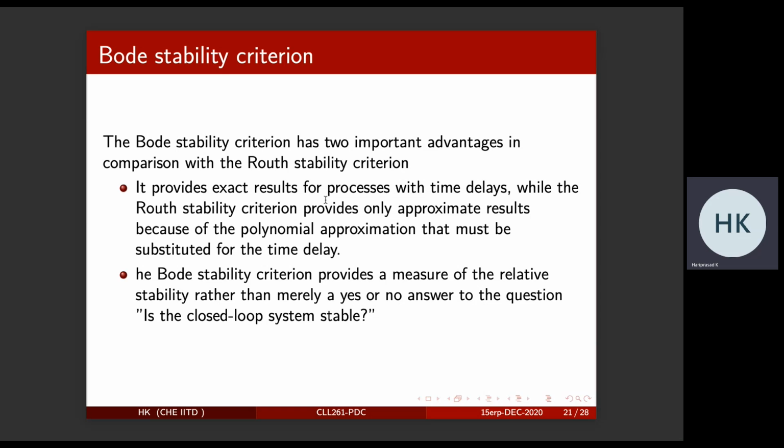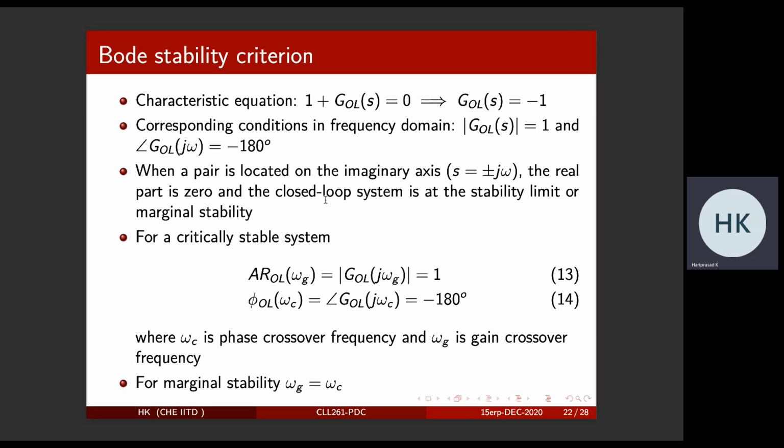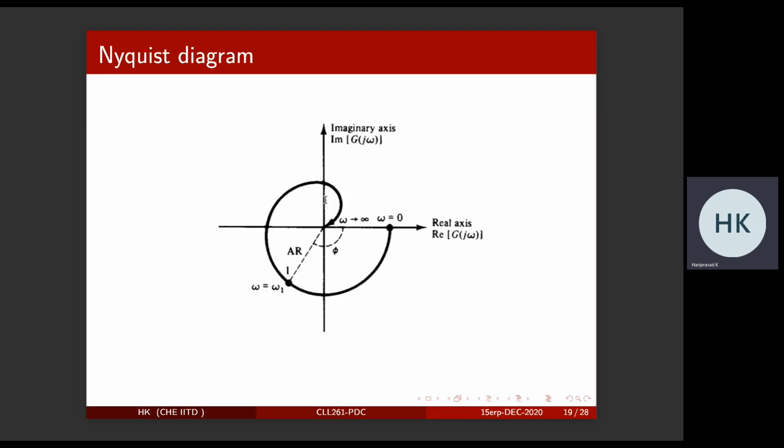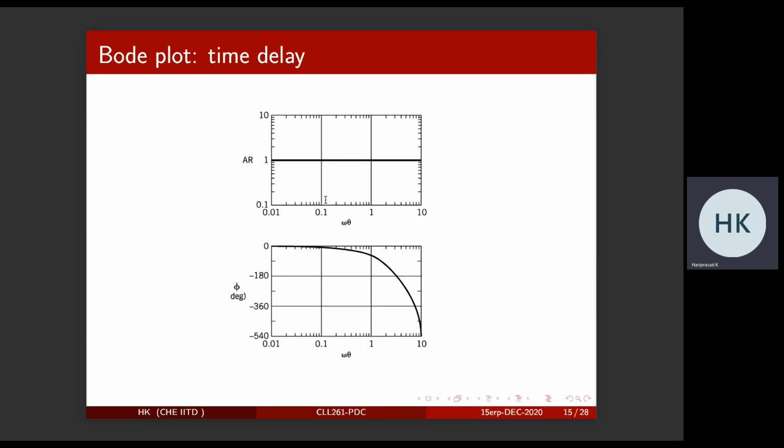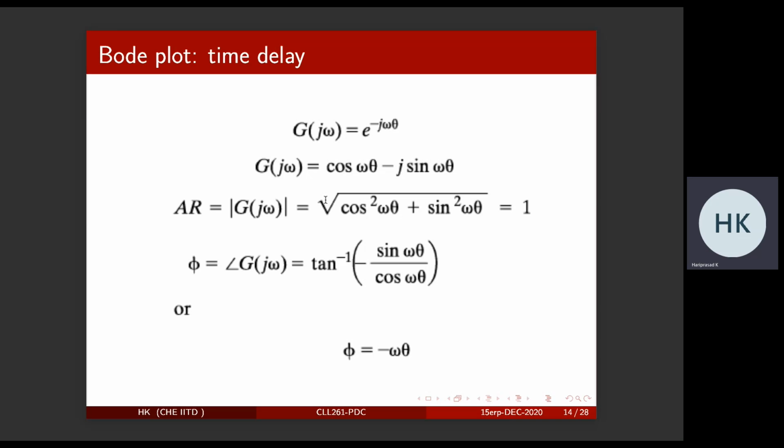It is slightly better compared to Routh stability, considering the fact that the time delay issue, wherein you will have to convert your transfer functions to polynomial, is not there in the context of Bode, because it would take those things automatically, because it is just based on amplitude and frequency, and for amplitude and frequency you have a well-known way to characterize even if you have exponential time delay. So your amplitude ratio just becomes 1 and phase angle becomes minus omega theta.